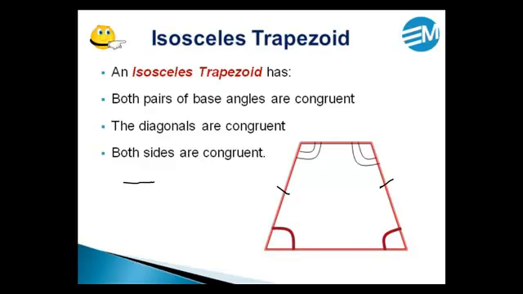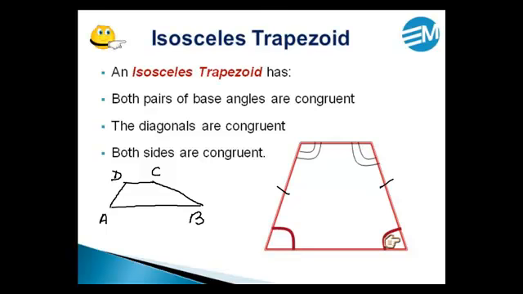We can have a trapezoid which looks like this. Let me name it A, B, C, and D. Here AD is not equal to BC, so this is not an isosceles trapezoid.